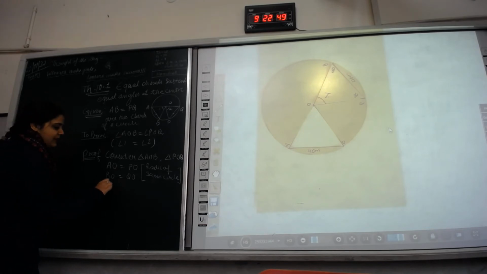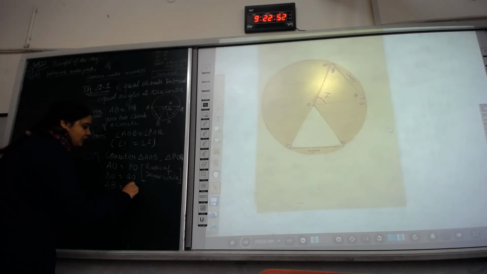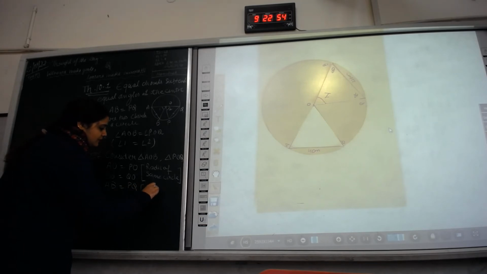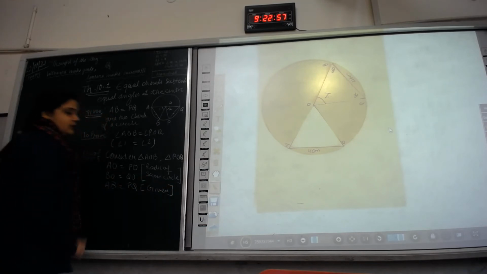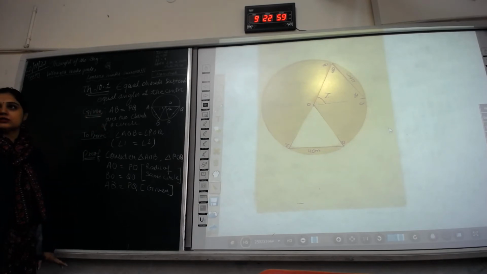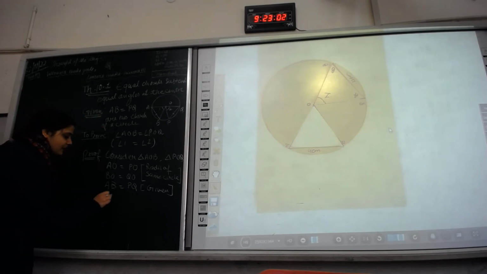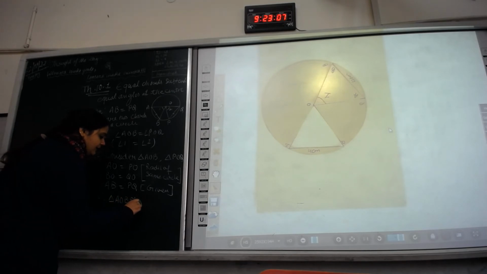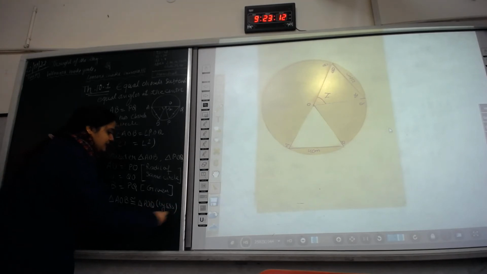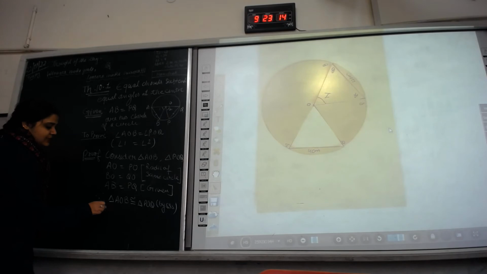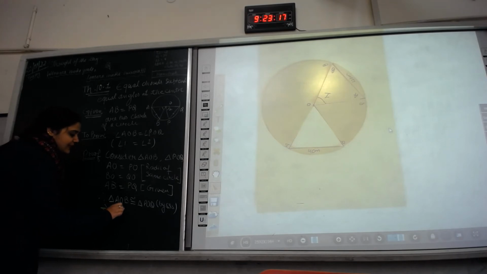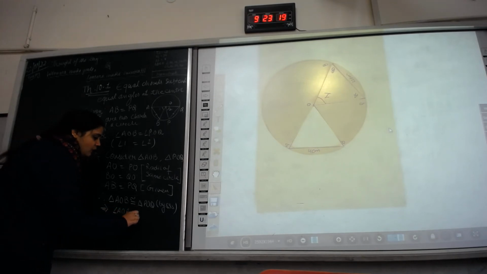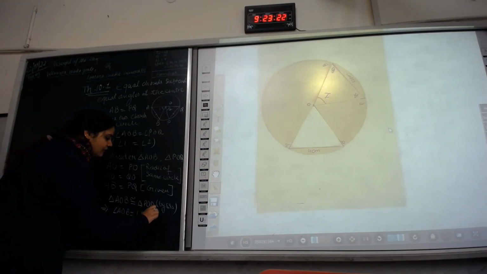Now, AB is equal to PQ, that is given to us. The chords are equal, that is given to us. Alright? Therefore, triangle AOB is congruent to triangle POQ by SSS congruency criteria. If these two triangles are congruent, this implies angle AOB will be equal to angle POQ by CPCT.